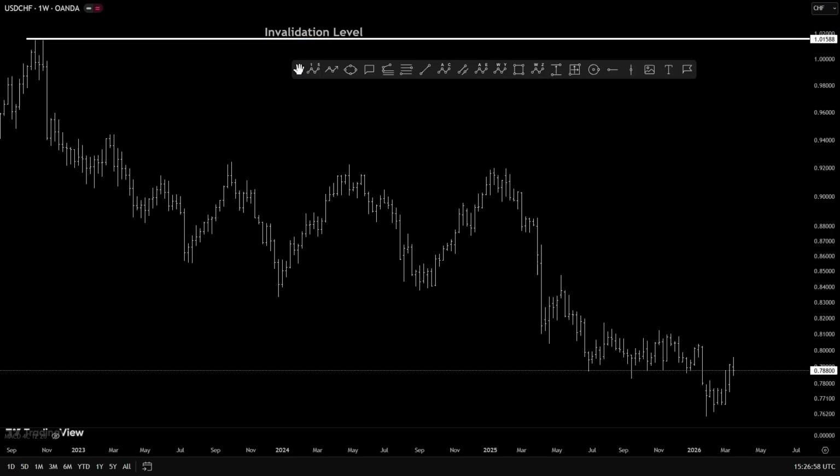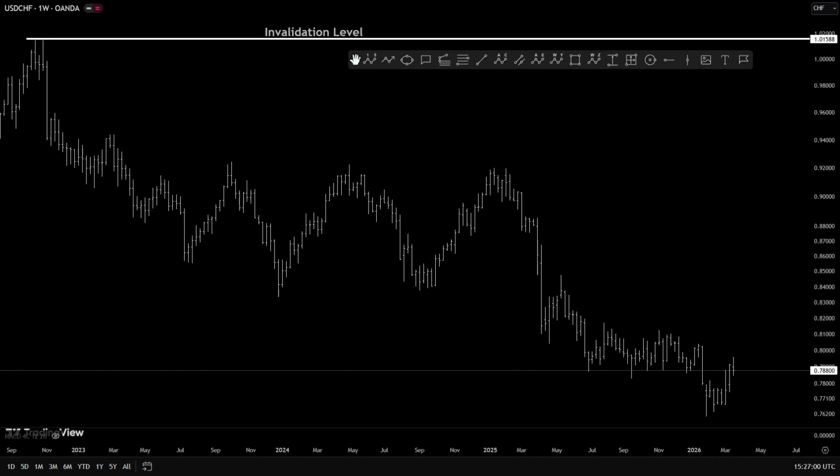Now the structure we have on this chart right now is called A, B, and C, which is a zigzag pattern.